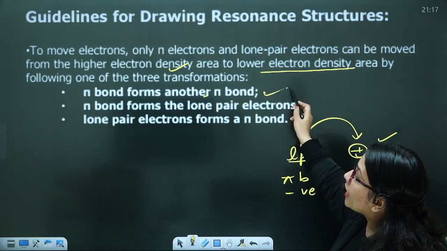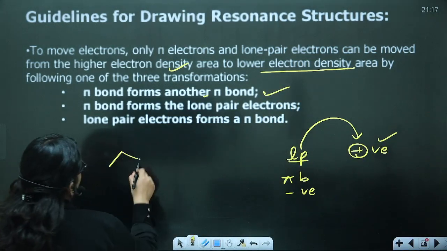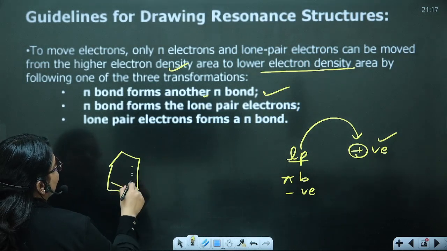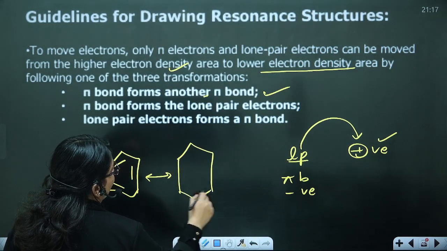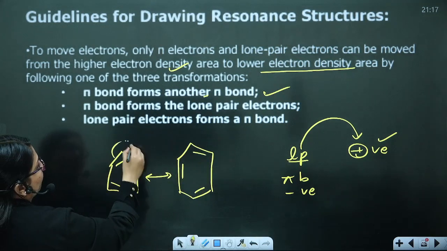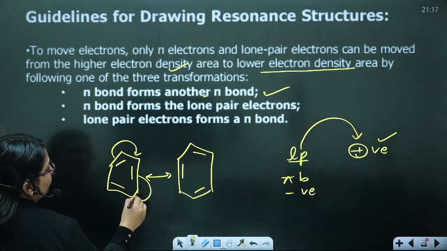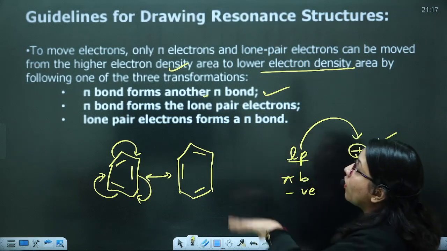A pi bond can form another pi bond. As you can see in benzene, the resonating structures are like this: this pi bond moves here, this pi bond moves here, and this pi bond moves here. So a pi bond forms another pi bond.